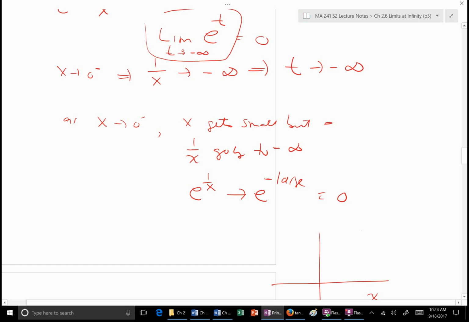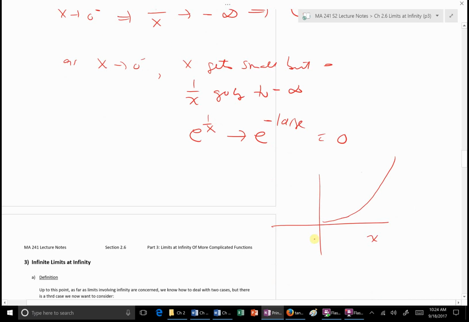If I want to plot this, yeah, the function looks like this, and it's not defined at 0. That's a good thing to think about, because what's actually happening is x is going to 0 from above. This looks like e to the 0.